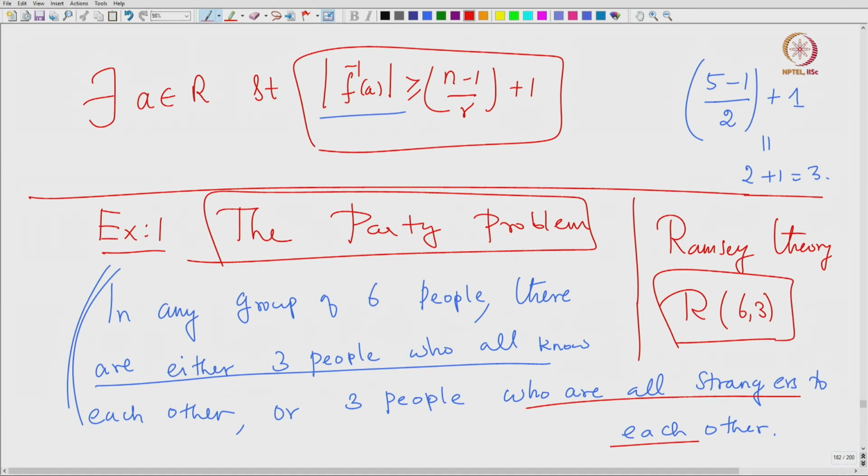And similarly, one can prove some interesting results in number theory as well. For that we need to develop a little bit of number theory. Then one can formulate some questions about the existence of something, and that will be useful.